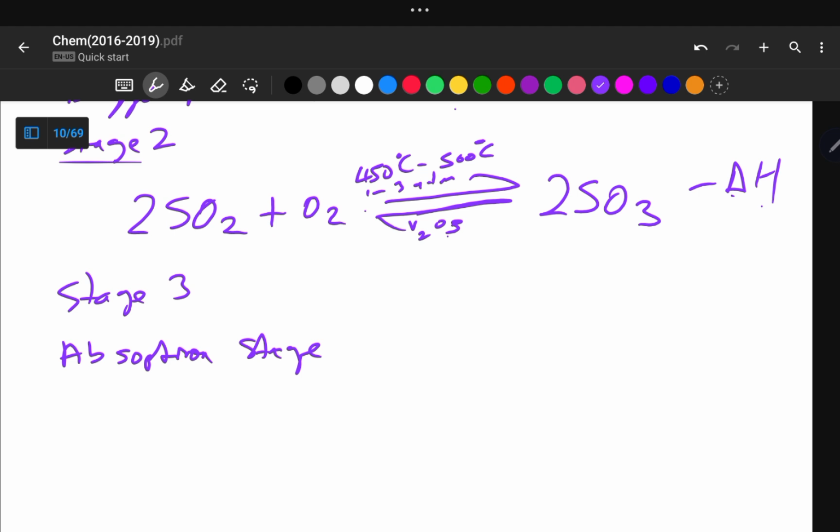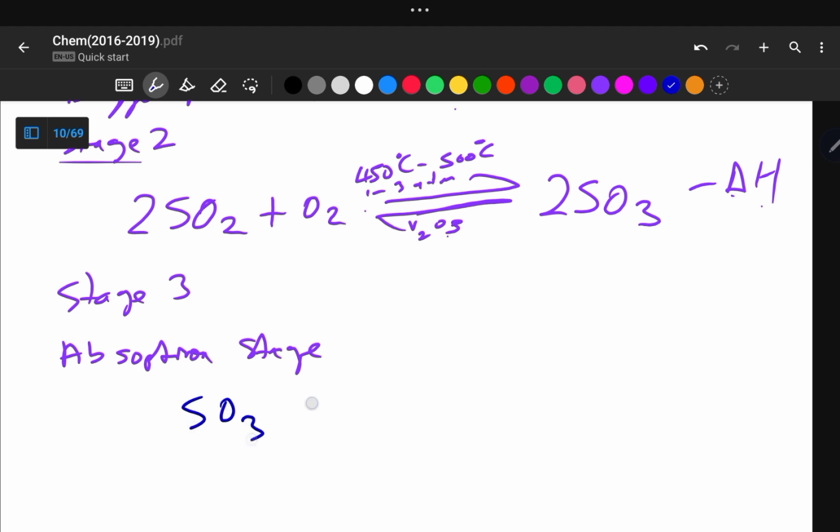So why is sulfur trioxide not added directly to water to give sulfuric acid? This is because it gives a film or a mist of sulfuric acid which are difficult to contain. So that's the reason we avoid this reaction, right?